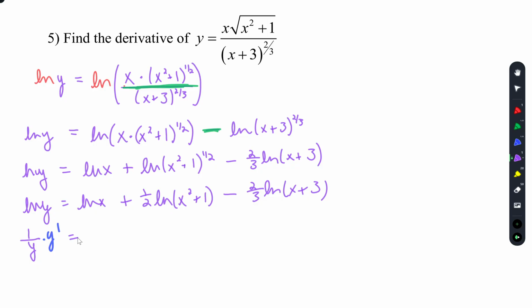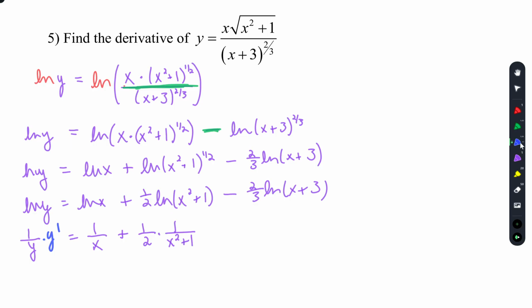So you get 1 over y times y prime, and then you're going to go crazy on derivatives of natural log. The first one's hopefully not that bad. It's just 1 over x. But then don't forget that chain rule is a thing. So for that second one, you're going to have 1/2 times 1 over x squared plus 1.